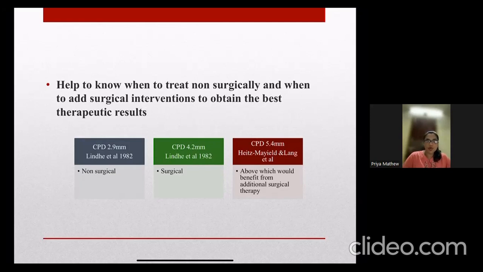We arbitrarily assume the CEJ. So there can be errors in this critical probing depth. But as per the literature, there are 3 critical probing depths: 2.9, which goes for non-surgical, 4.2, which goes for minor surgical procedures like the modified Widman, and 5.4, which definitely indicates a surgical periodontal treatment.